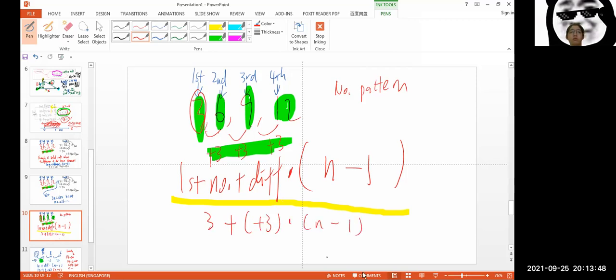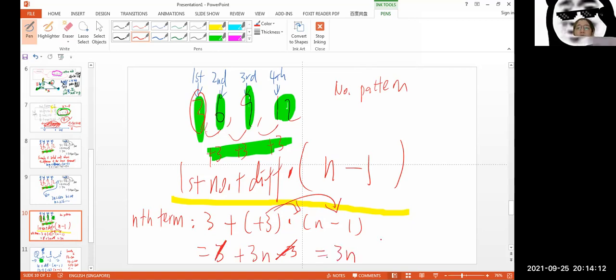From this, you are actually getting the nth term. Nth term means any term. With this, you can simplify this further. Open the brackets, +3n minus 3. So -3 and +3 cancel each other, you get 3n.